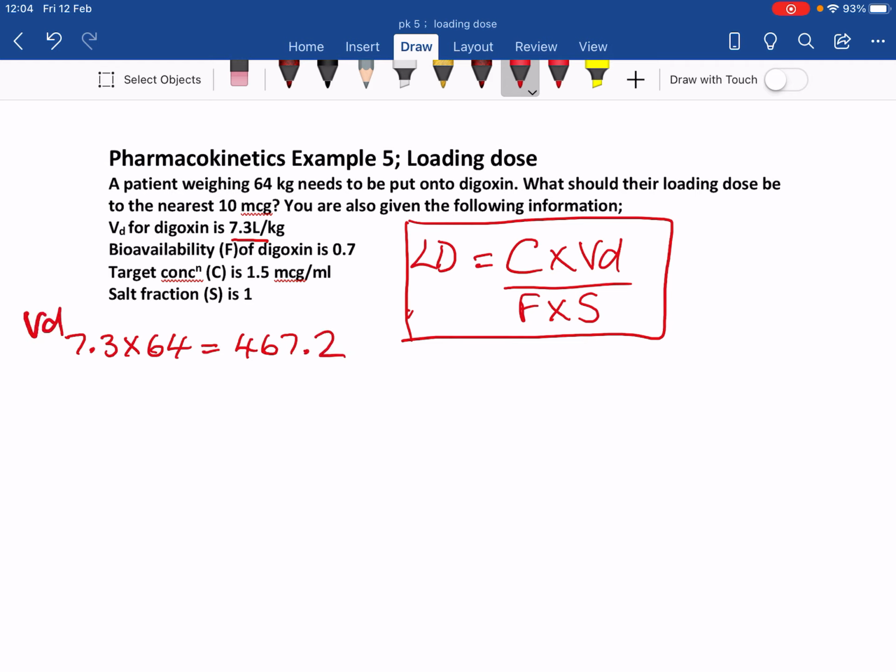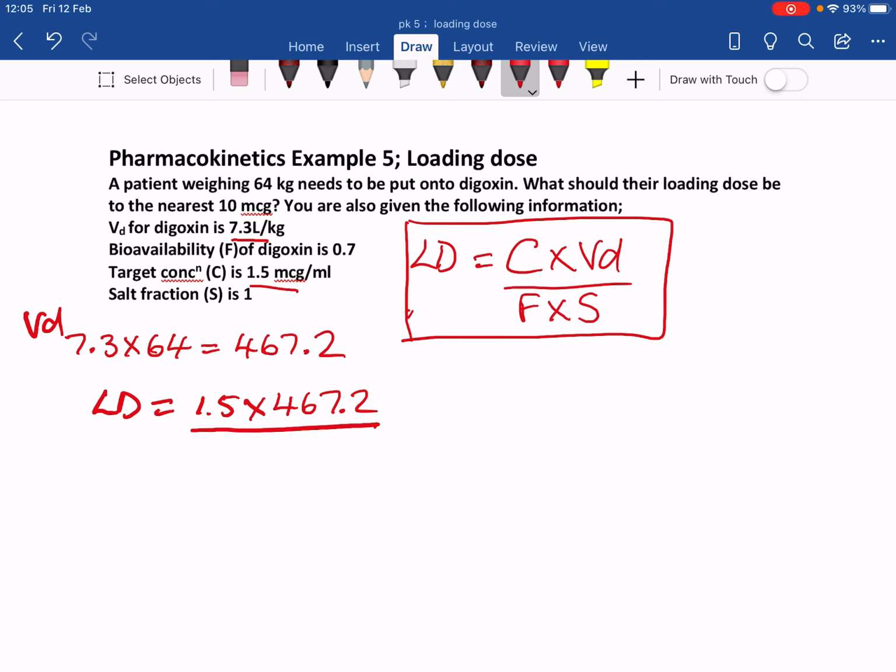So if we now put our figures into the equation, the loading dose needed is equal to the target concentration, 1.5, multiplied by the volume of distribution, which we've just calculated.